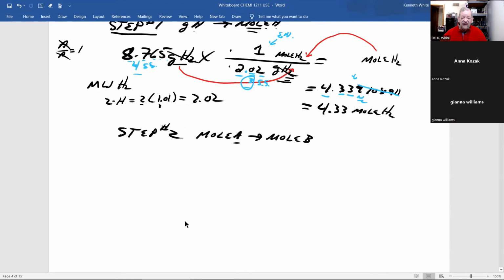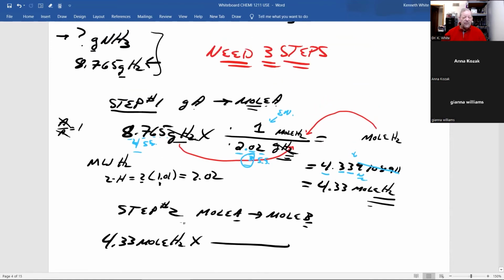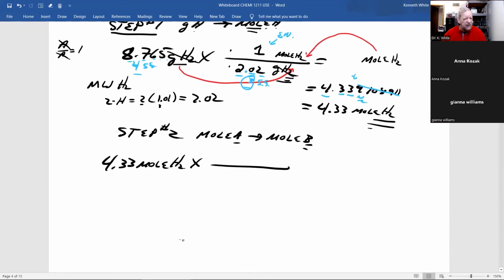Well, moles of A, we just figured it out right here. And what's B? If we go back up here, we're trying to get the grams of ammonia. So B, what we're trying to get to, is ammonia. So we want to get to moles of ammonia.